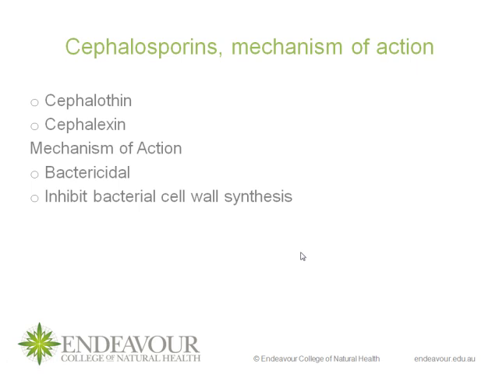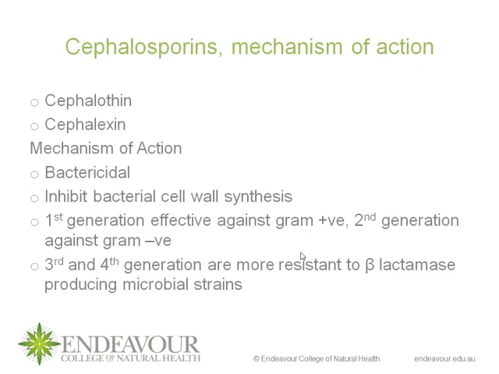So then to have a look at the cephalosporins, which were also bactericidal, also inhibited bacterial cell wall synthesis. Some examples, cephalothin and cephalexin. With the cephalosporins, we talk about the generations of development. The first generation cephalosporins were effective against gram-positive organisms. The second generation were effective against gram-negatives.